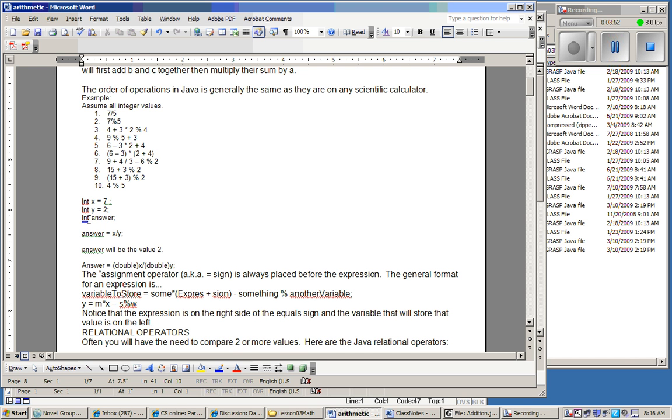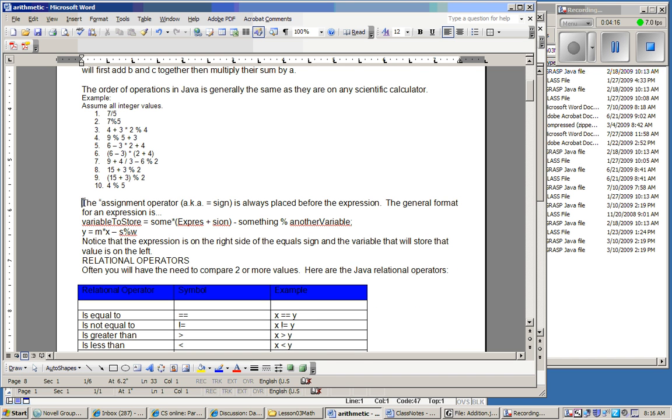And now I'd have to, of course, have answer be a double up here. So just to reiterate, either way, answer here is just going to be an integer because I'm taking int divided by int. But over here, when I typecast, answer will be a double because I'm typecasting those 2 integers.